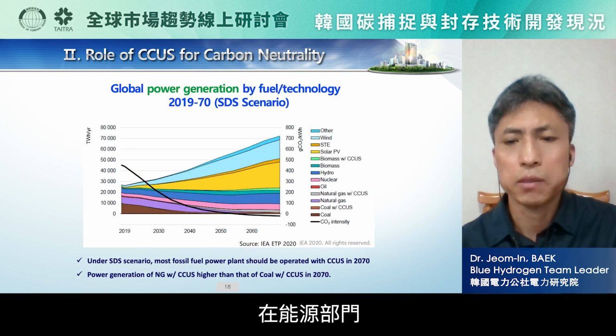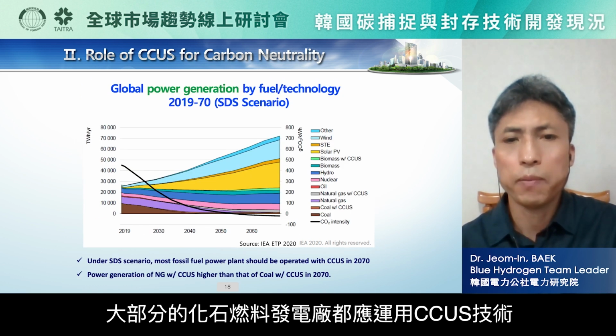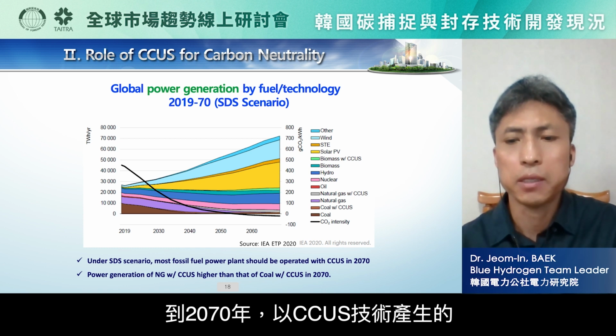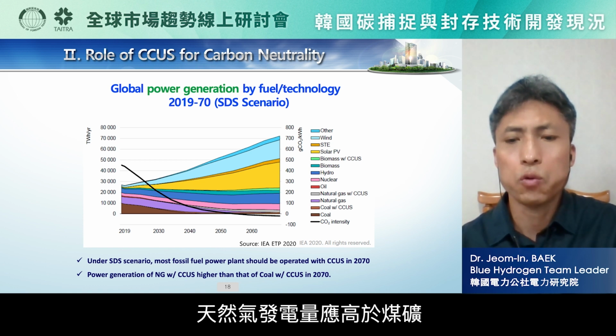In the power sector, most fossil fuel power plants should be operated with CCUS, and power generation by NG with CCUS is higher than that of coal with CCUS in 2070.